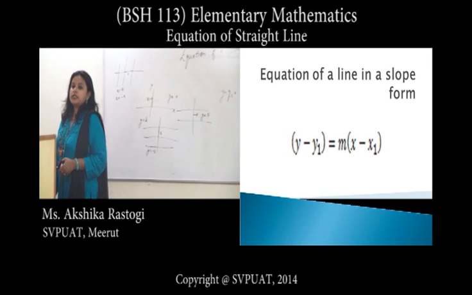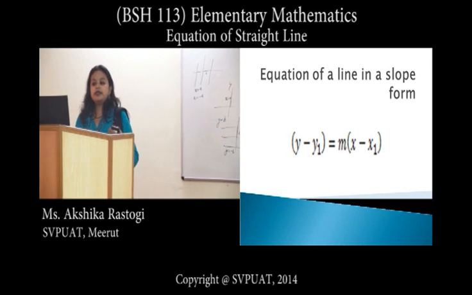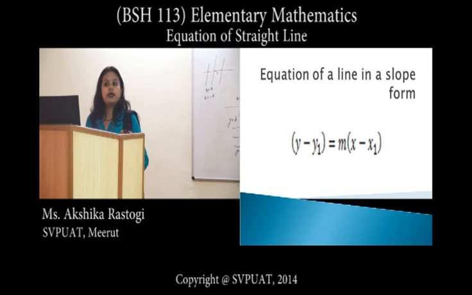We will have an equation like this: y minus y1 equals m into x minus x1, where x1 and y1 are the point which will be given in the example. m is the slope. It will again be given in the example, and we have to put in all the values and find a linear relationship between x and y, and that will be the equation of a line. We'll take an example of this.